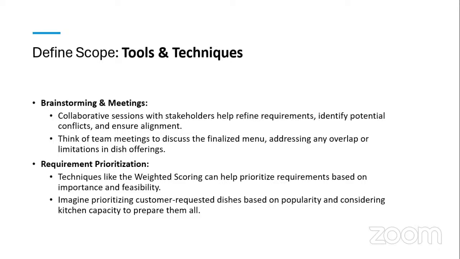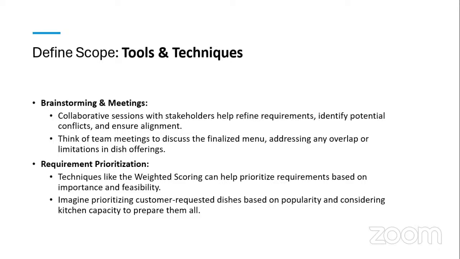Then the requirement prioritization. Yes, we don't expect that all the requirements weigh the same. Everybody's expectation, everybody's needs will not be the same. And that's where the traceability matrix comes in. So you can use things like weighted scoring and prioritize the requirements. When we were dealing with stakeholders in the early stages of this class, we talked about high impact stakeholders, moderate impact stakeholders, and then low impact stakeholders.